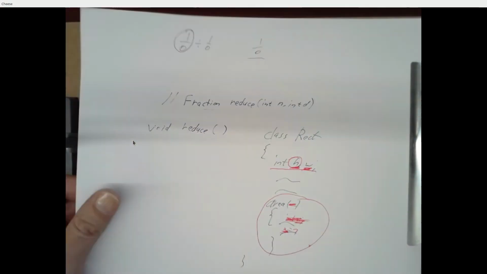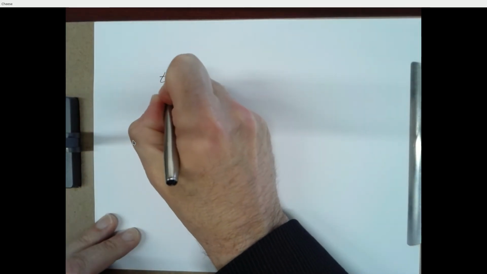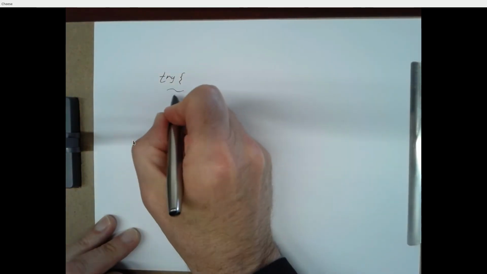So we have some keywords in Java to help us do this. The first keyword is try. We can put a series of statements in here, and it will try to execute each of these statements. If it succeeds, great.